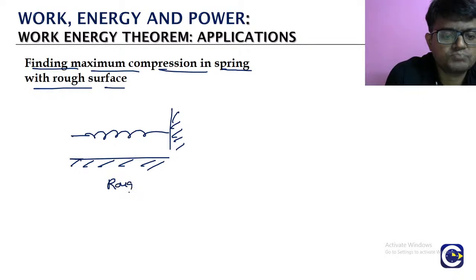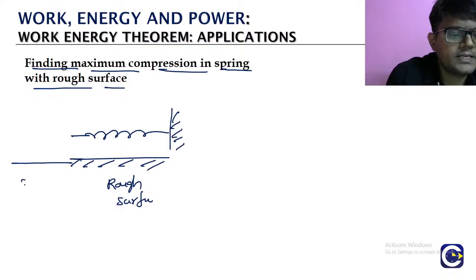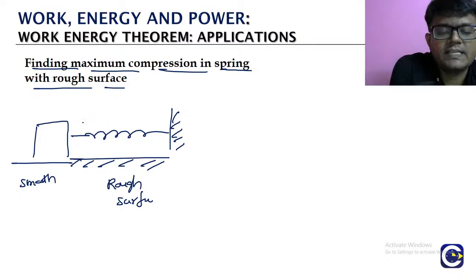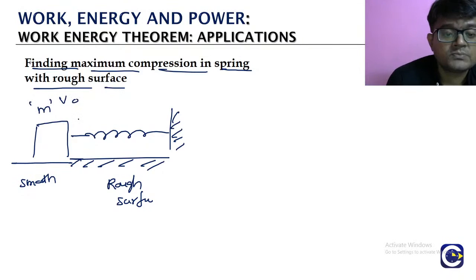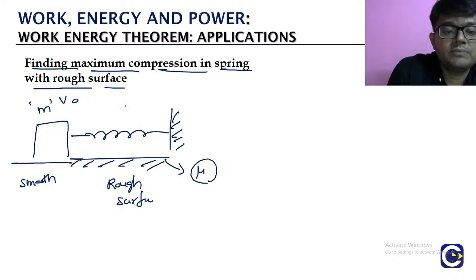This is a rough surface. Here it is smooth. So just the block is coming. From the time of colliding with the spring, the roughness is starting. So the mass of the block is m. It is coming with a velocity v0. There is a coefficient of friction mu and spring constant k.